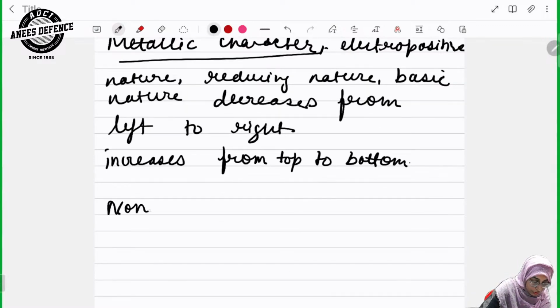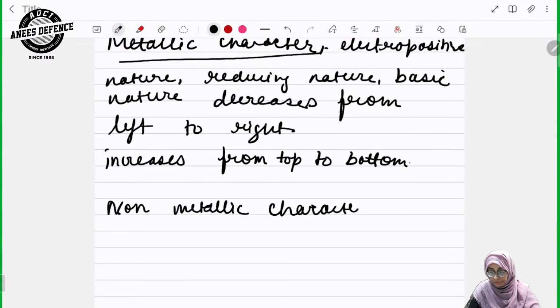Now, non-metallic character. What will happen with the non-metallic character?